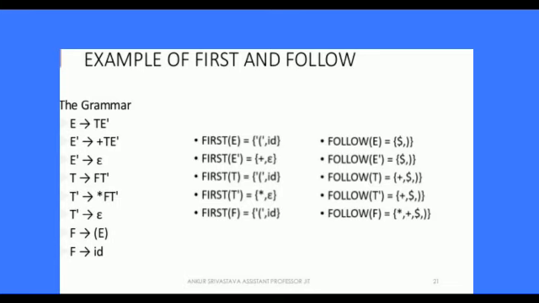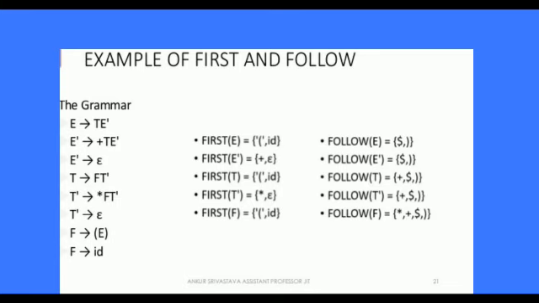Capital T has another derivation, capital T tends to F T dash, and that F tends to parenthesis open capital E parenthesis close. So that F is first taking parenthesis as input. That's why I wrote parenthesis here. And again F has another value, that is ID. So open parenthesis and ID are the strings for capital E.